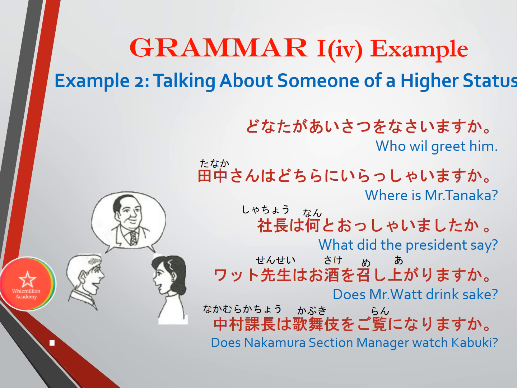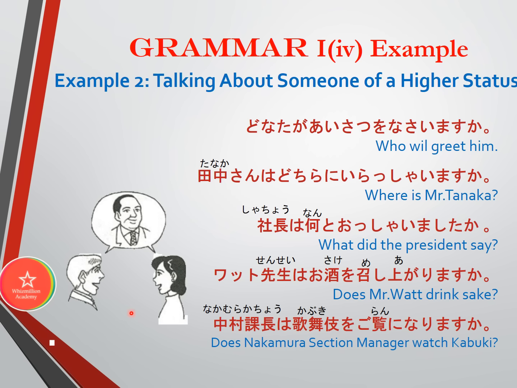In this example, Michael is talking to his colleague Sato-san about someone of a higher status. Both Michael and Sato-san are of lower status than the person they are talking about, so both of them will ask and answer using sonkeigo.